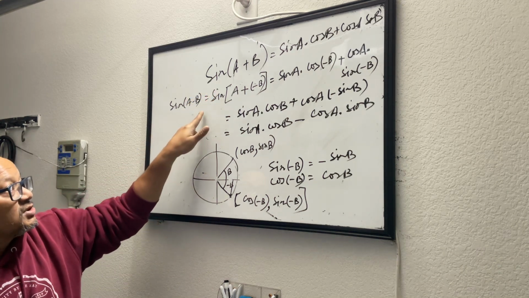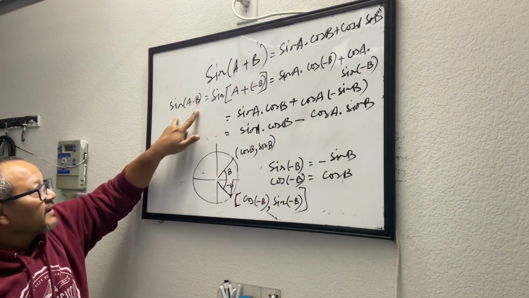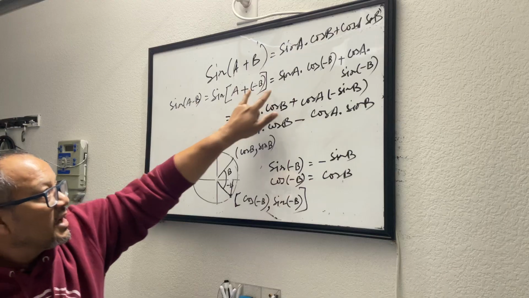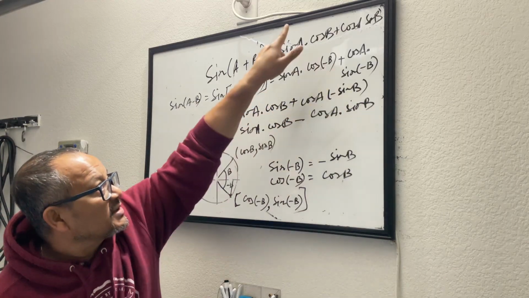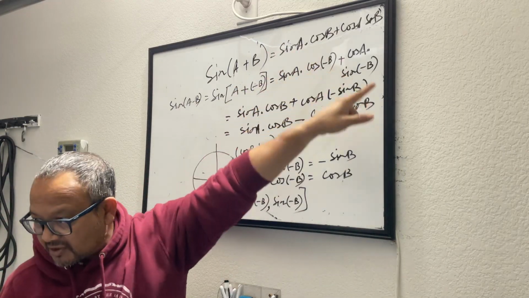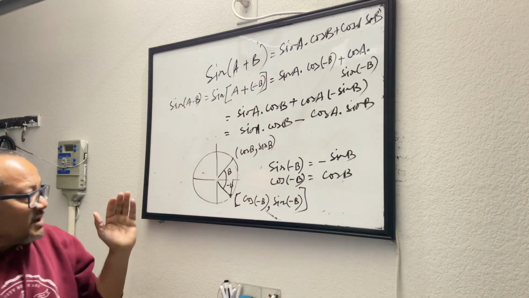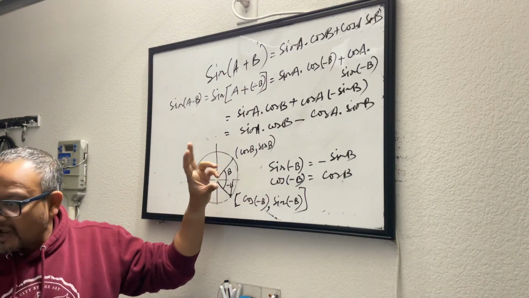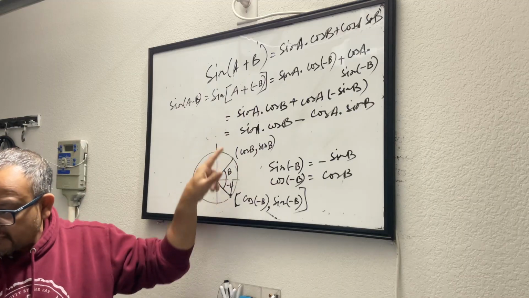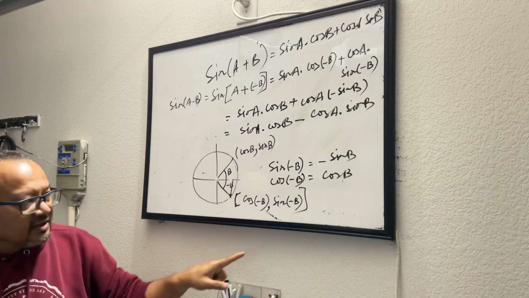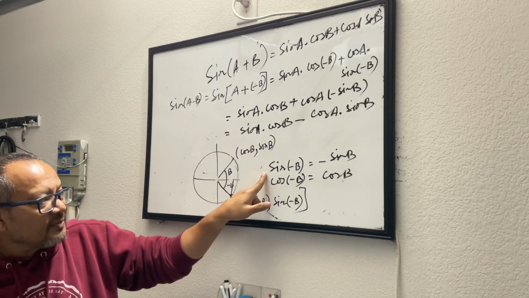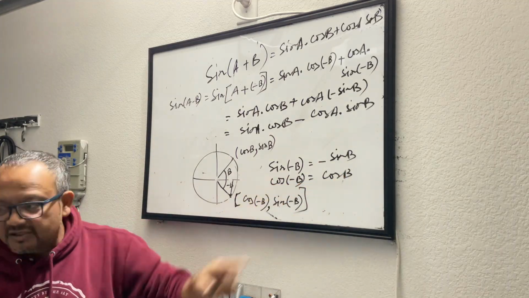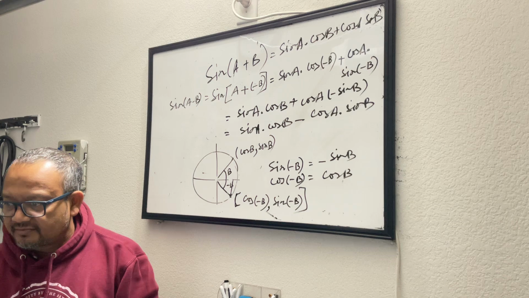We just used this understanding that A plus B is equal to A plus minus of B. And then we replaced B with minus B in this whole thing. And then we came back to the unit circle concept to relate what is happening with x and y coordinates in both the angles. And from that we found that sine of minus B is equal to minus sine of B, and cos of minus B doesn't matter actually, it's the same. Yeah?